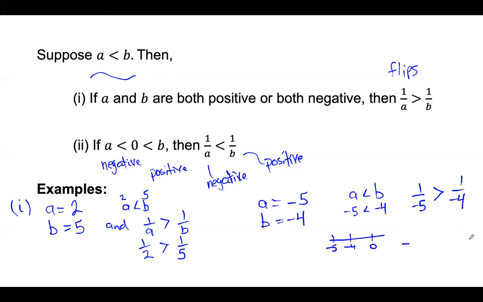We can draw this number line. Here's 0, here is -1 over 5, here is -1 over 4. In decimal numbers, it's -0.25, and here is -0.2. So you can see this is larger than this one. And I'll leave the second one to you.